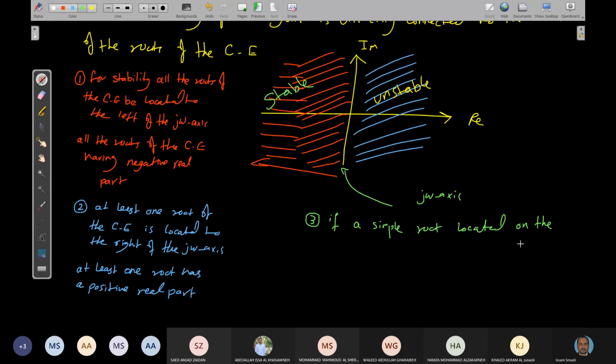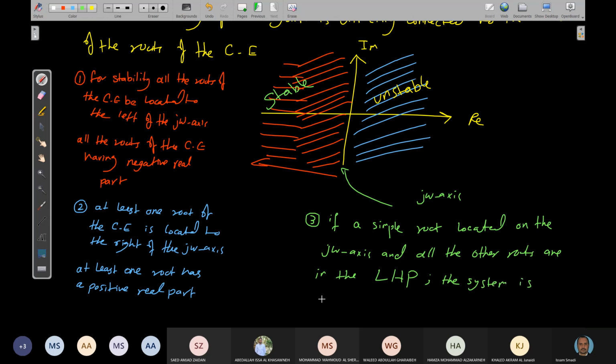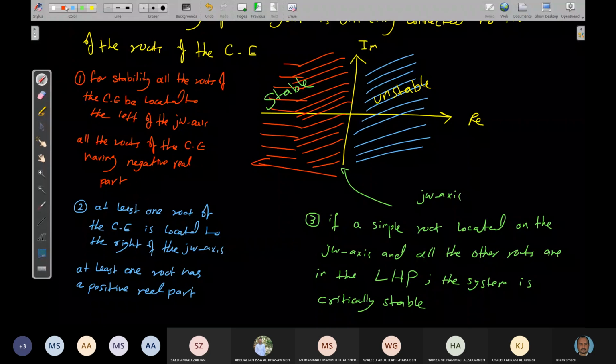If a simple root is located on the j omega axis and all the other roots are in the left half plane, then in this case the system is called critically stable, or sometimes we call it marginally stable.